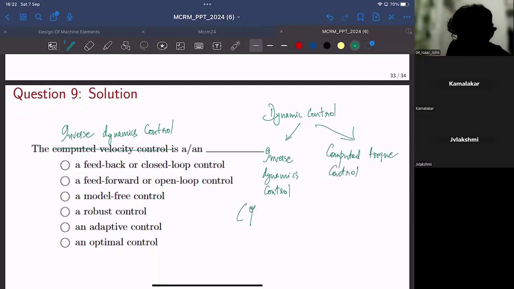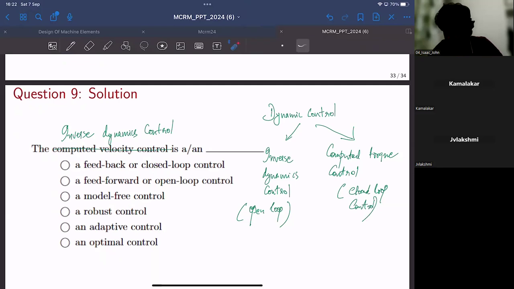And we have also seen how this is an open loop controller and how this is a closed loop controller. So in that regard, I think there won't be any ambiguities in finding out that inverse dynamics control is indeed a feed forward or an open loop control.